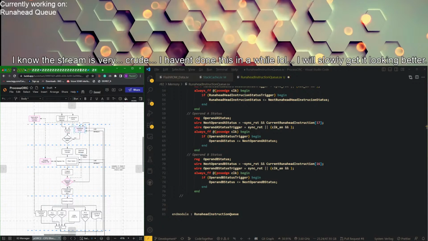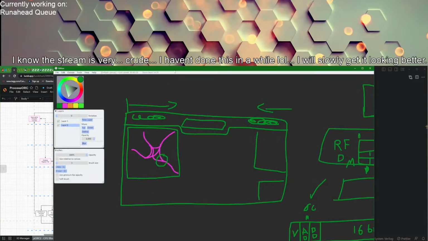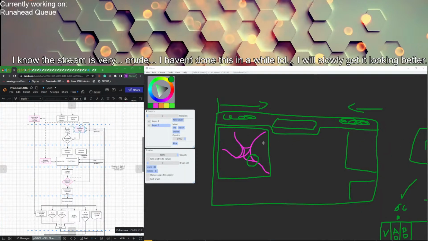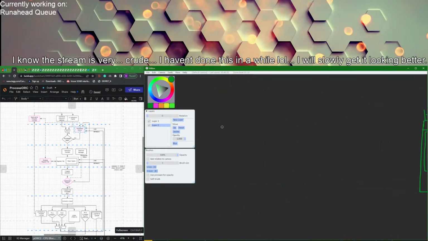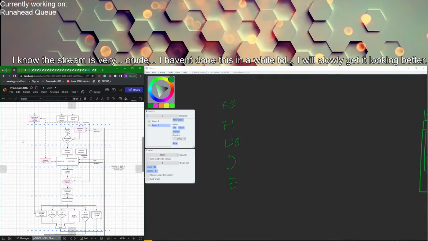If you mark a register clean here, like register 5 is going to be marked clean on cycle 6. F0, F1, D0, D1, E. Okay.